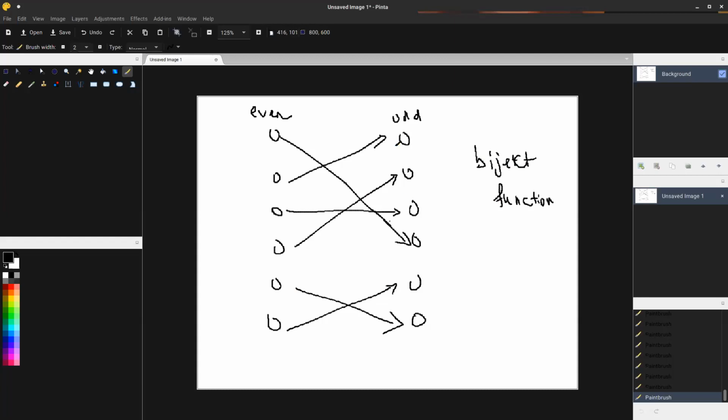And similarly, the graph from odd to even also represents a bijective function. So together, these two bijective functions will decompose the graph into cycles.